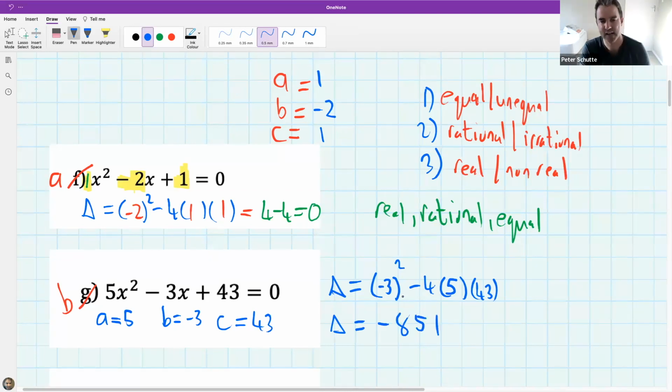Now, if delta is negative, we just say that the roots are non-real. When we say the roots are non-real, we can stop at that point. Because basically what we have is that the square root of a negative number is a non-real number. We don't really deal with it at school, so we can stop with the fact that roots are non-real.